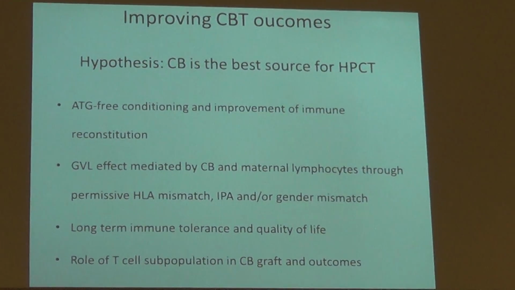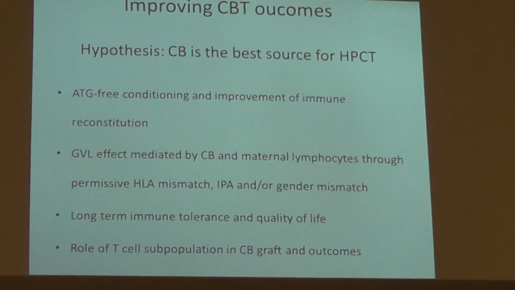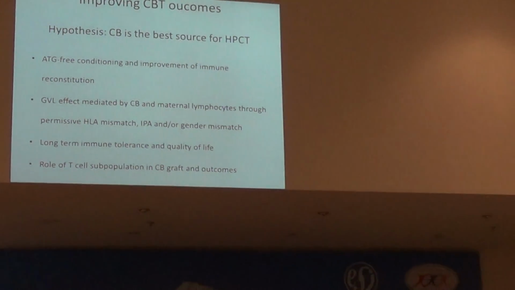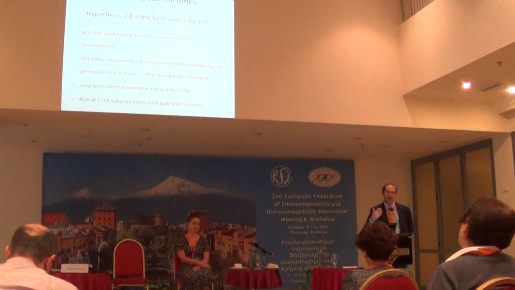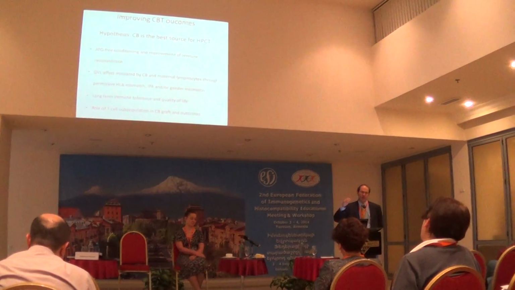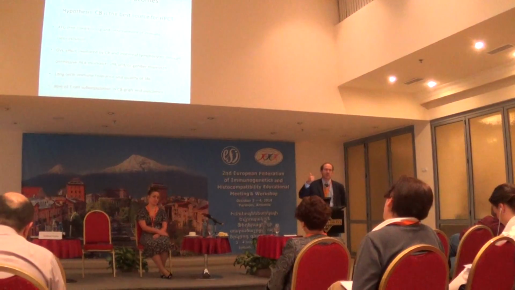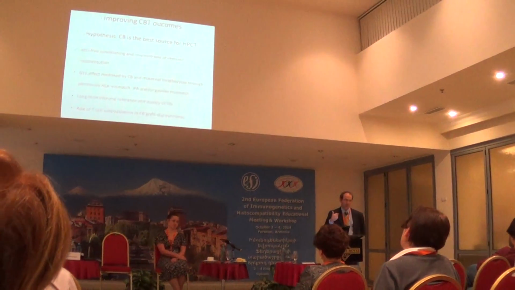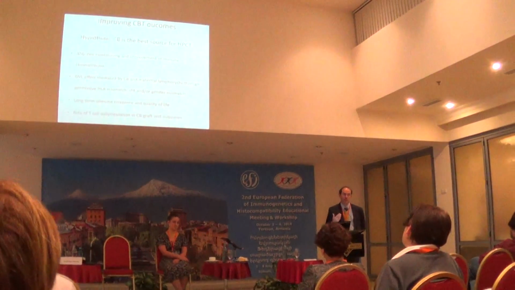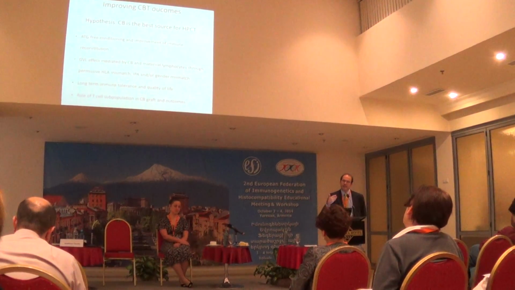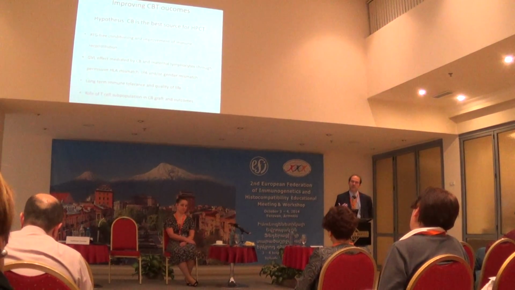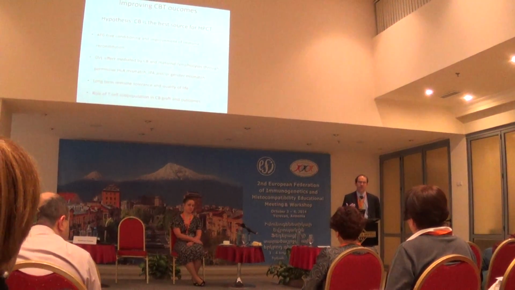One is that we can improve, and are improving, the results just by learning clinically things like, for instance, improving conditioning. So ATG-free conditioning has resulted in a better immune reconstitution. As you know, infection is the main cause of death in cord transplantation.